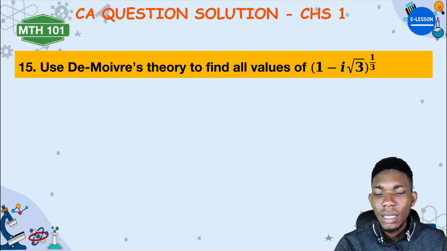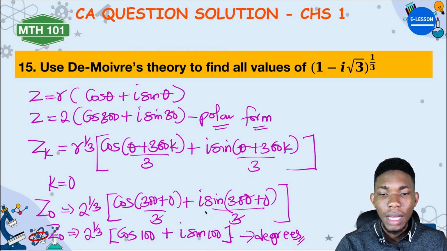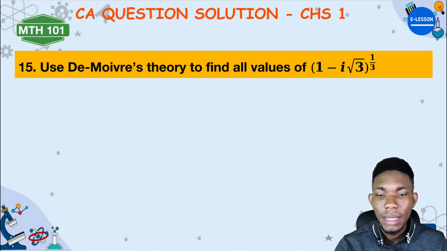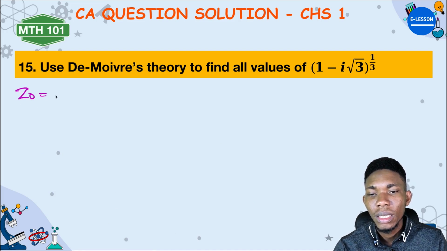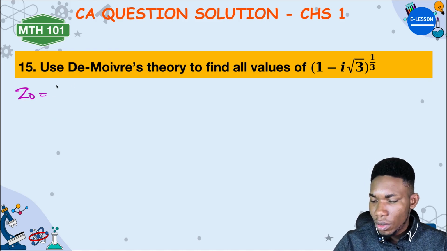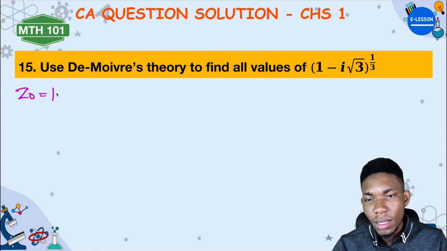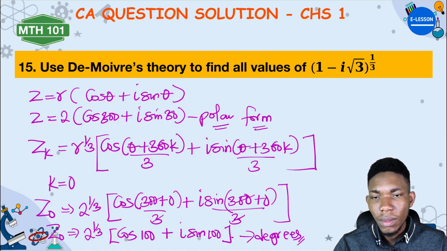Of course, that is the answer to that question. Now, my dear student, this is in degrees. You can convert it to radians by multiplying by pi and dividing by 180. So Z0 will be 2 to the power of 1 over 3, which will give us 1.26, right?